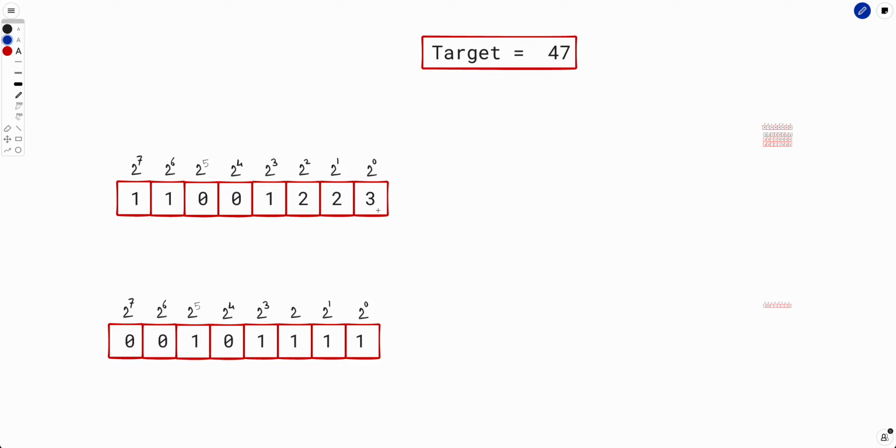The number of remaining 2 power 0 is 2, the number of remaining 2 power 1 is 1, the number of remaining 2 power 2 is 1, and the number of remaining 2 power 3 is 0, right? If you sum them all up, it will be 2 plus 2 plus 2 plus 4, which is 8, and 8 is less than 32. So you can't make 32 from the remaining elements.